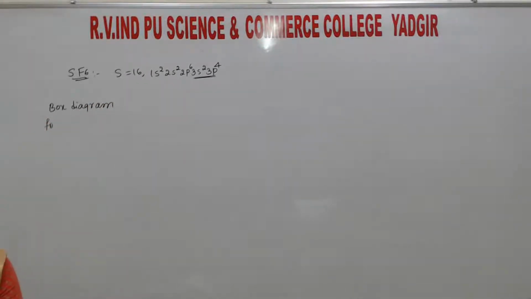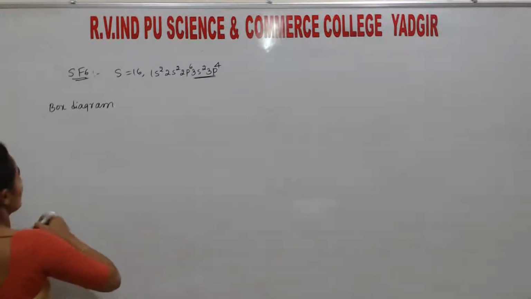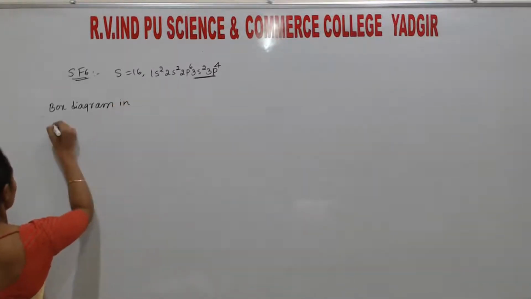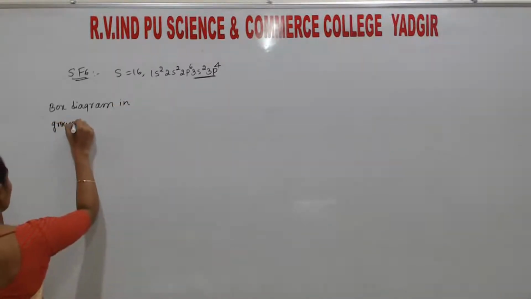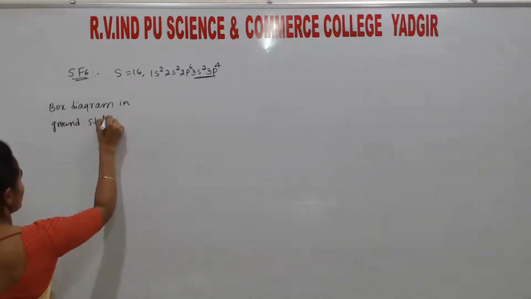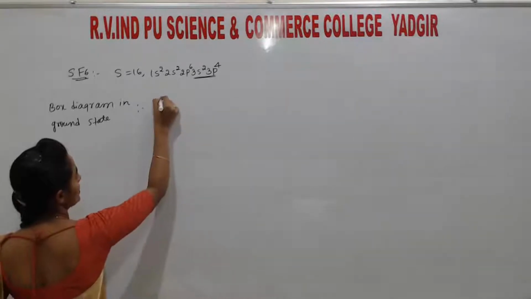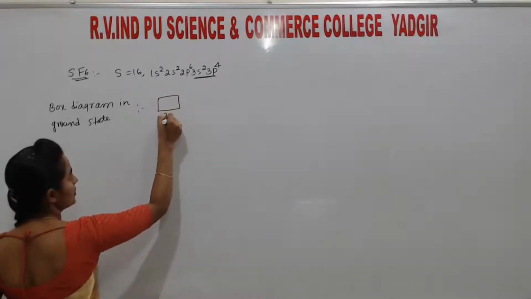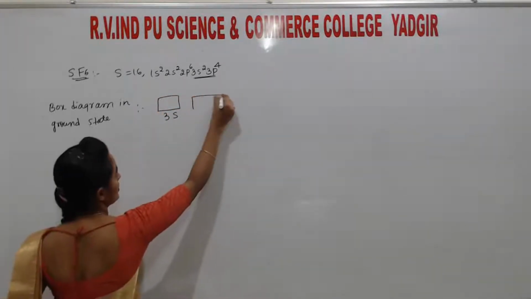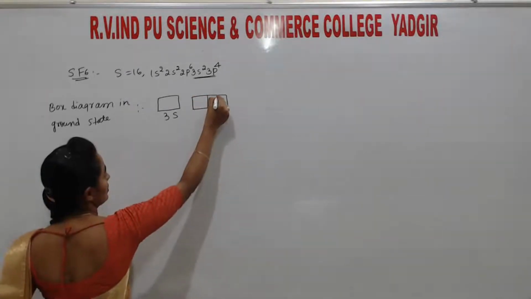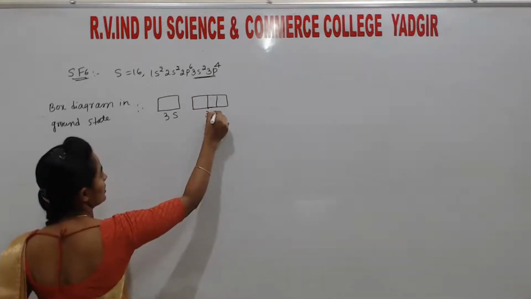Take the box diagram in ground state. The valence shell we are considering means this is 3s, this is 3p.